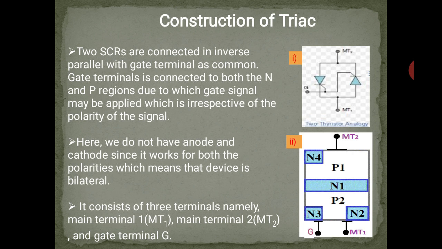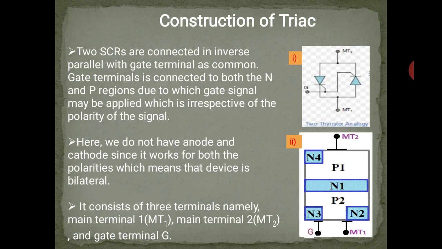Construction of the triac. Two SCRs are connected in inverse parallel with the gate terminal as common, as shown in the first diagram, the thyristor analogy. The gate terminal is connected to both the N and P regions, due to which a gate signal may be applied irrespective of the polarity of signals.